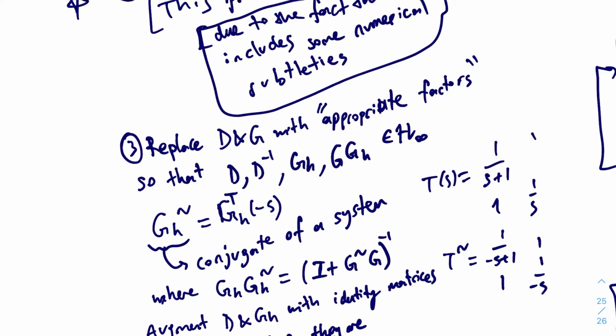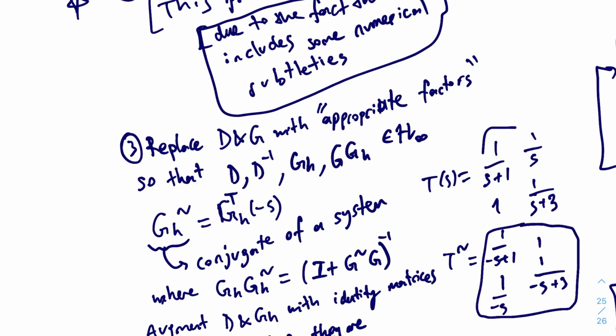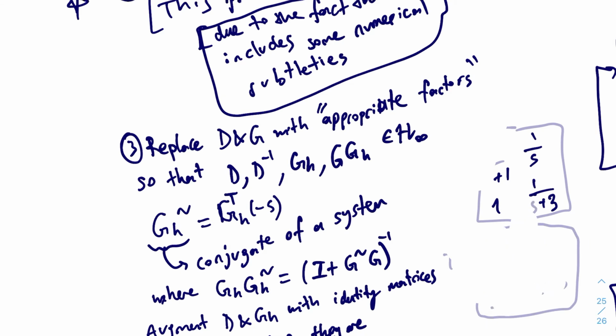That was not a good example because it didn't highlight the fact that the conjugate of T is obtained by substituting minus s for s and transposing it. So this is the conjugate of T and this is T. We just switch s with minus s and then take the transpose of it. That's the logic here.